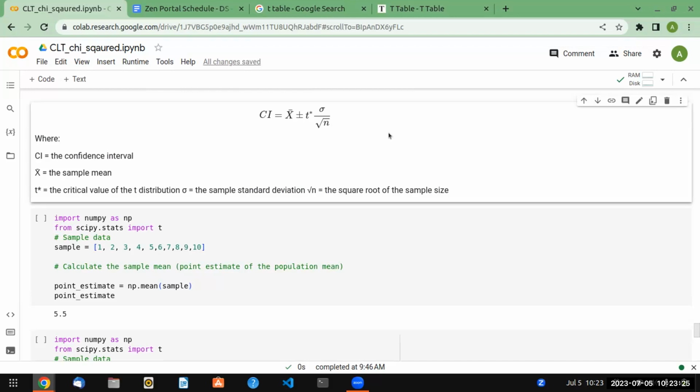And why am I giving plus and minus? To find the range. Here the confidence interval is for the mean of the population.